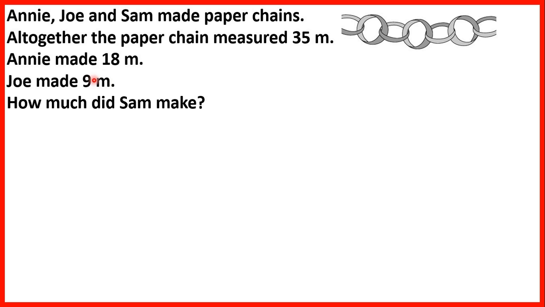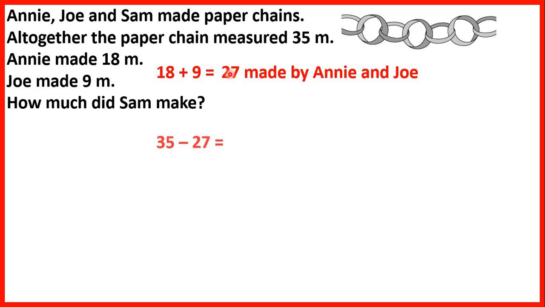Well, first, let's work out how much Annie and Joe made together. 18 plus 9 is 27. So that means that 27 of the 35 meters was made by Annie and Joe. So to find how much Sam made, we can find the difference between 35 and 27.